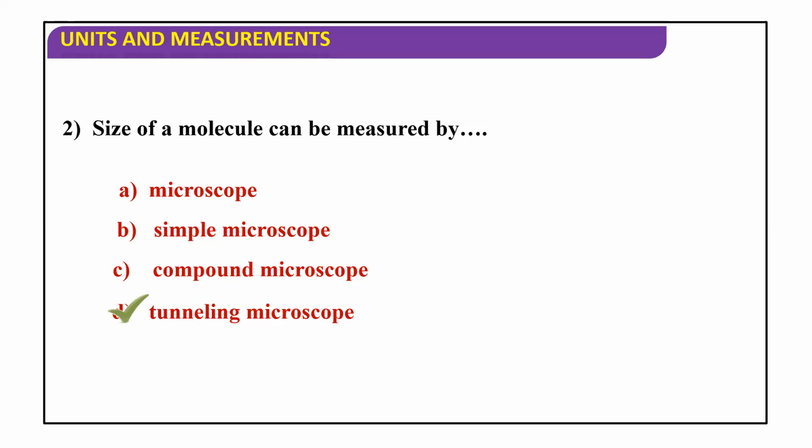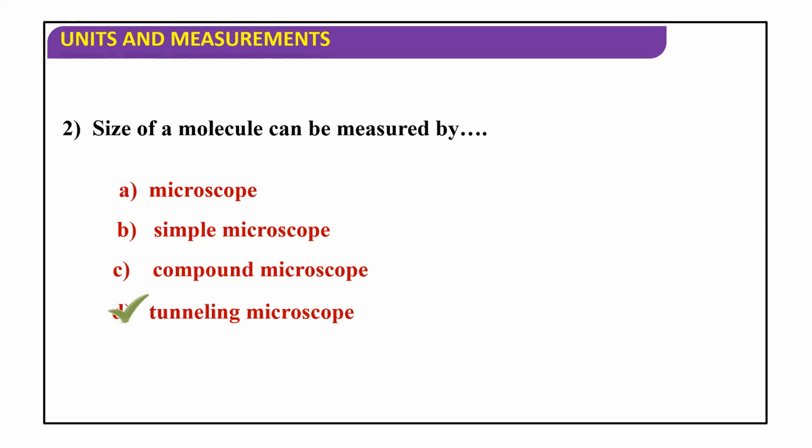Can someone tell me what is the major limitation of the microscopes mentioned in options A, B, and C? Sir, they need light to work. Yes. Their resolution, meaning their clarity, depends upon the wavelength of light.